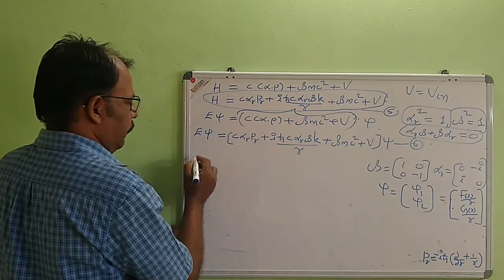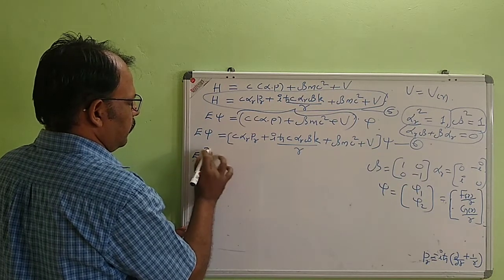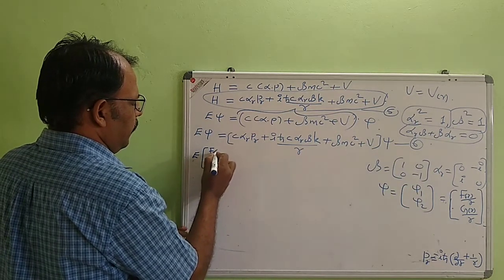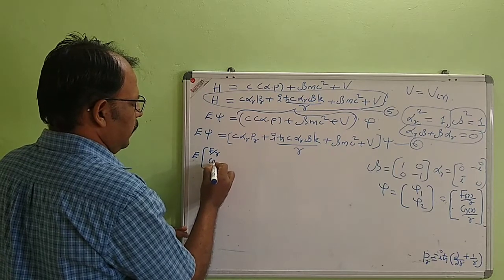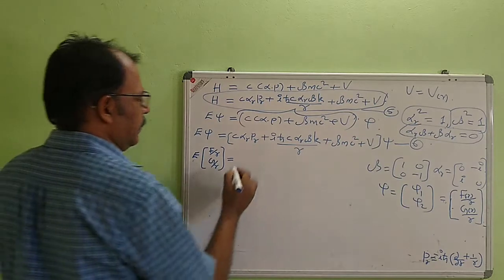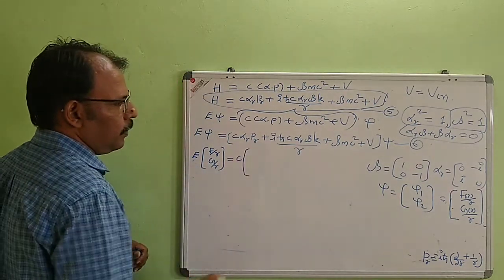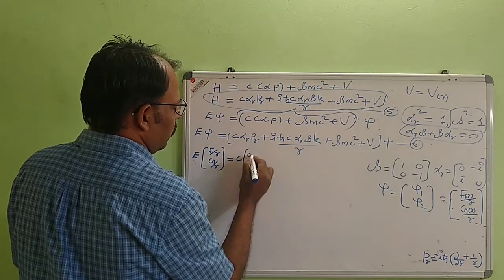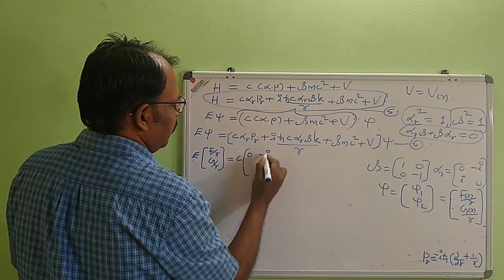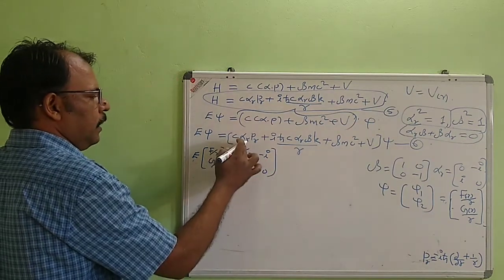On the left hand side we have E into psi1, which is F by R, and psi2, which is G by R. On the right hand side we have C into alpha R. What is alpha R? Alpha R is the matrix 0, minus i, i, 0, into C alpha R PR.